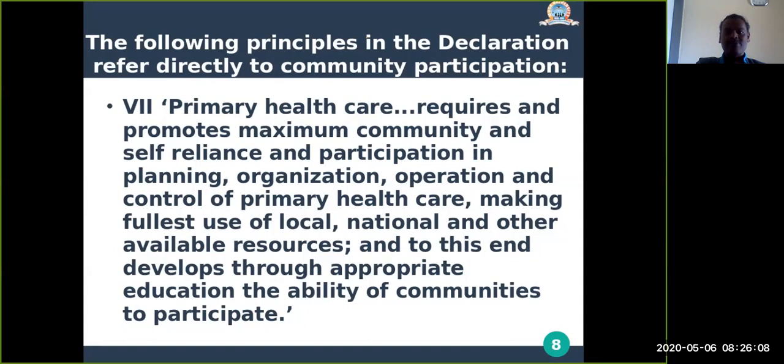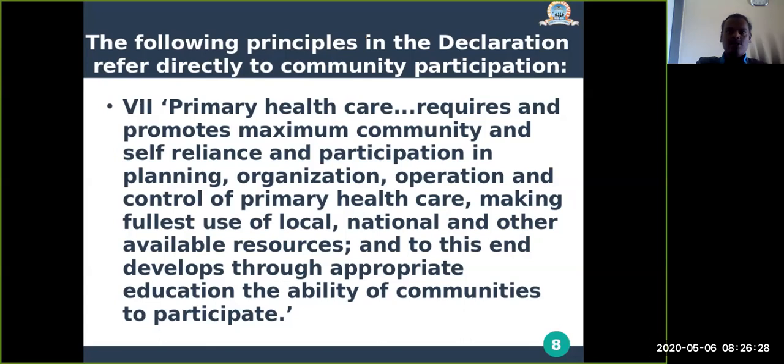PHC requires and promotes maximum community self-reliance and participation in the planning, organization, operations, and control of primary health care, making fullest use of local, national, and other available resources, and to this end, develops through appropriate education the ability of the community to participate.